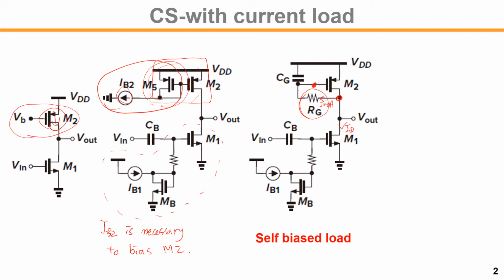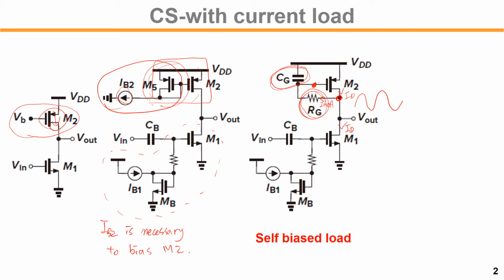So if the ID flows, the same ID flows through M2, right? This is a self-biased load. In this case, the signal comes in here. By having a large RG and CG, a large capacitor there, this is a low pass filter.